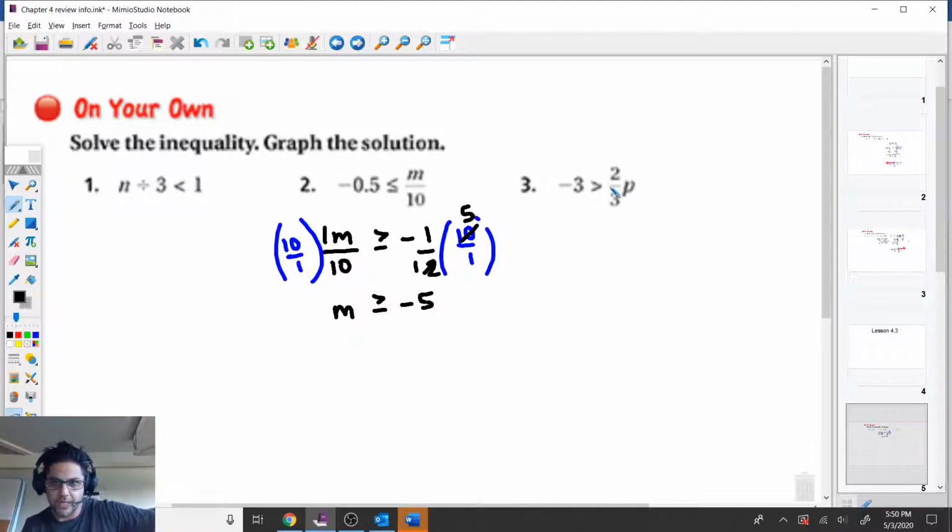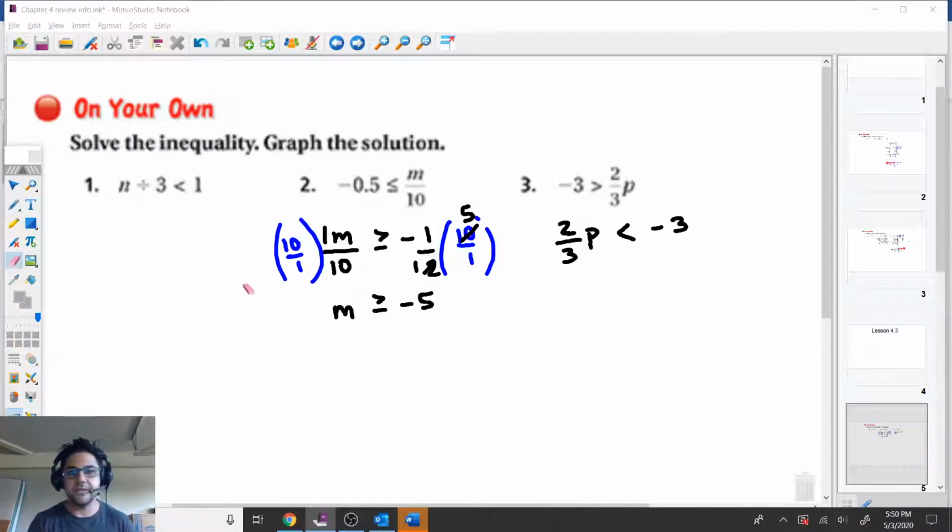All right, number 3, similar information. I don't like the way it looks, so let's go ahead and rewrite it. 2 over 3 the variable. Negative 3 goes over here. This time it does not like the variable, so it wants the negative 3. All right, let me erase the other stuff.